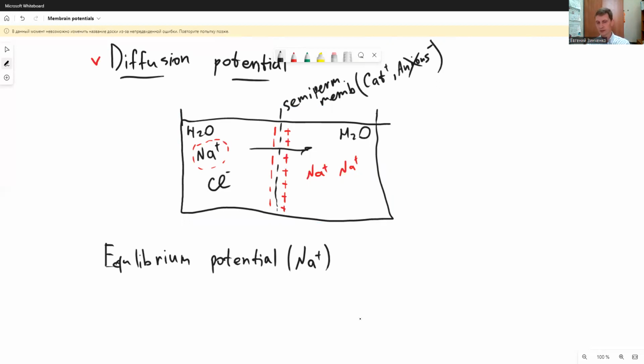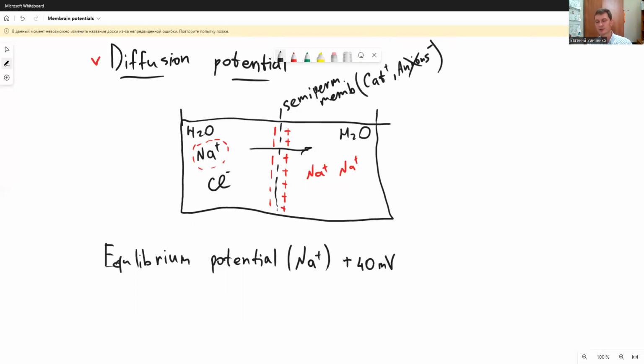Equilibrium potential depends upon the concentration difference between the left and right sides, in the case of the cell, between intracellular and extracellular spaces, and can be achieved only when the membrane is permeable for this ion. Okay, so as we know, the equilibrium potential for sodium for usual excitable cells is around plus 40 millivolts.